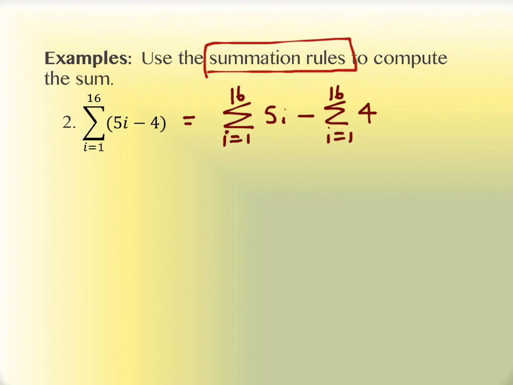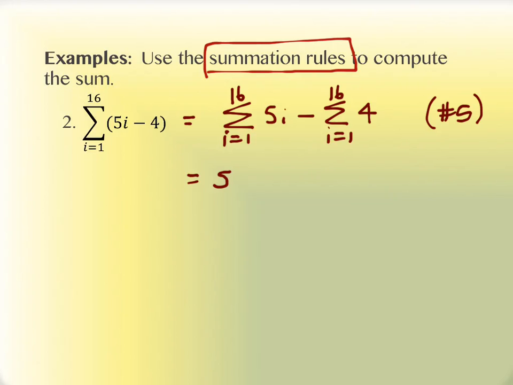There's one more property that I could use very directly. So that was property number 5. What other property could I use? For the first one, for the 5i, what would I do? Okay.